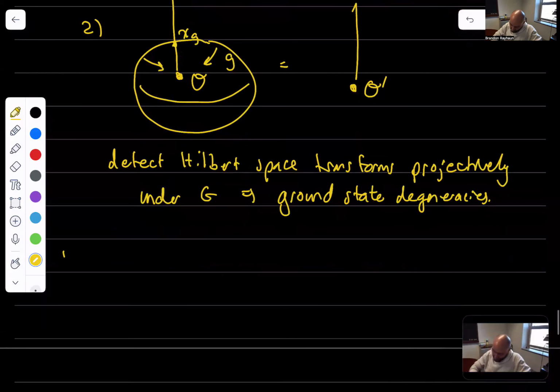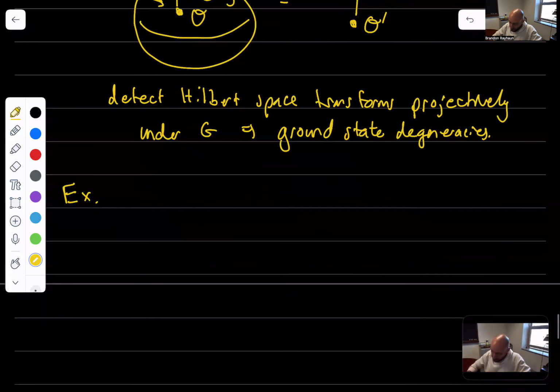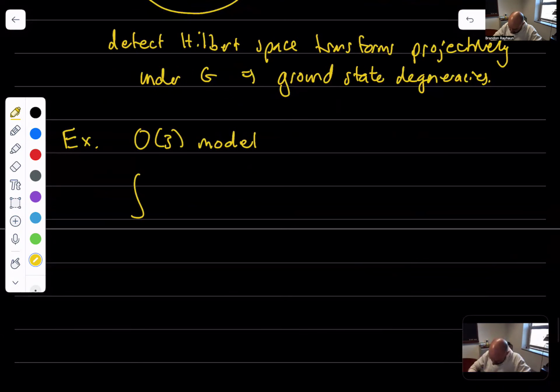So let's do an example. Let's consider the O(3) model in the bulk. So this is a theory of three real scalar fields.